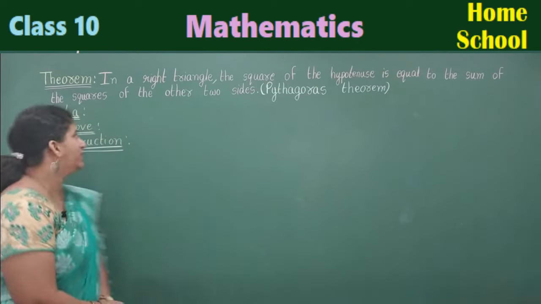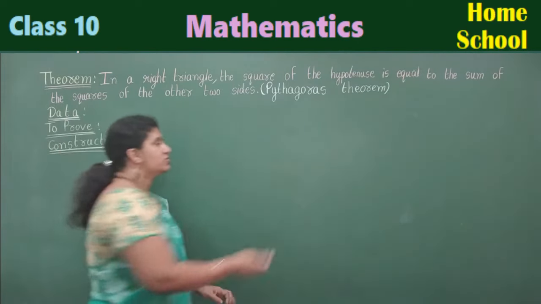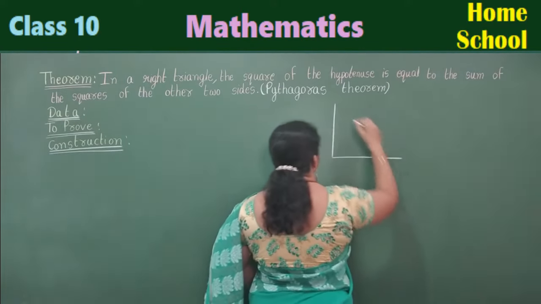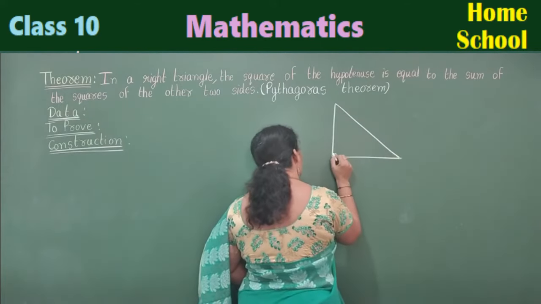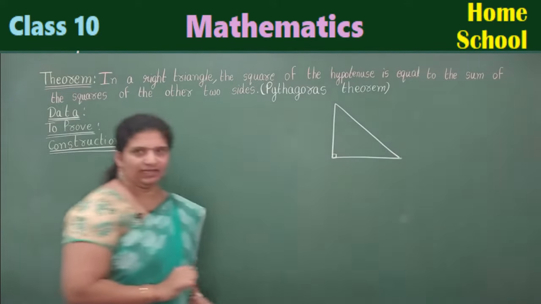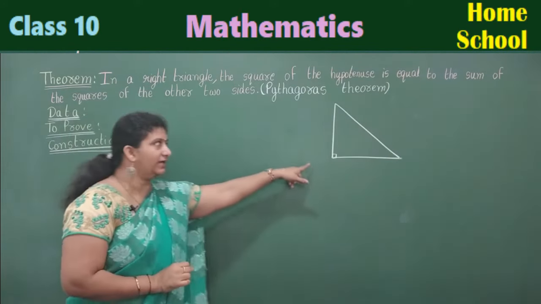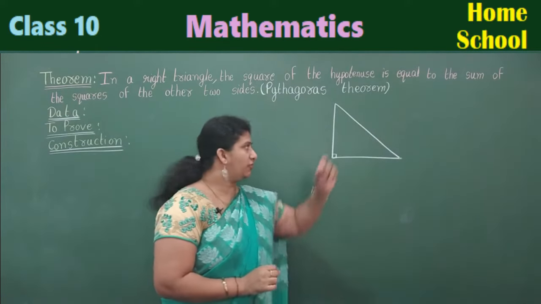This is one of the very important theorems, Pythagoras theorem. Let's see the statement here. In a right triangle. So let's draw here a right triangle. Okay, this is a right triangle, perpendicular. So in a right triangle, the square of the hypotenuse. Where is hypotenuse?